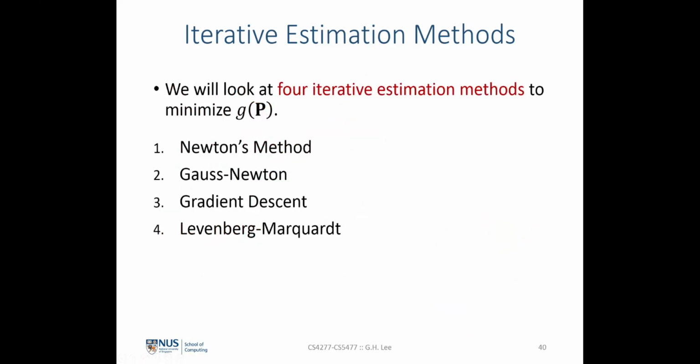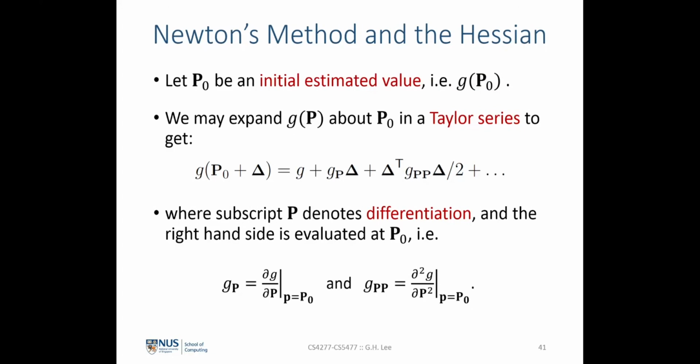Now we'll look at four different methods to minimize the error function. In particular, we'll look at Newton's method, the Gauss-Newton method, gradient descent, as well as the Levenberg-Marquardt algorithms. So we'll start by looking at Newton's method, and this requires us to define what is known as the Hessian matrix.